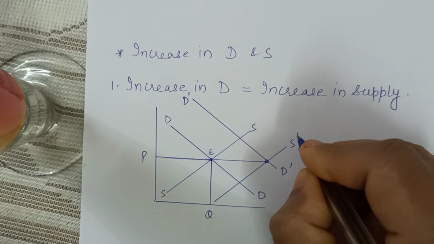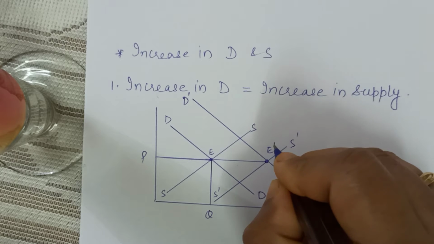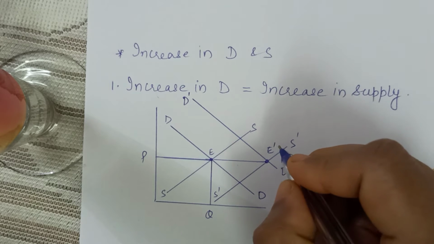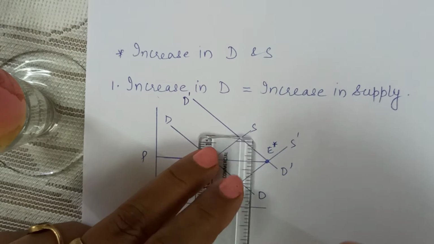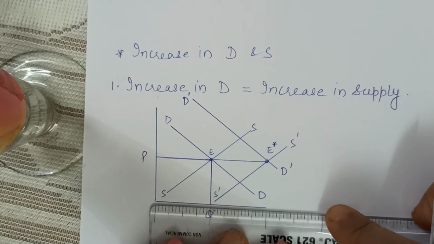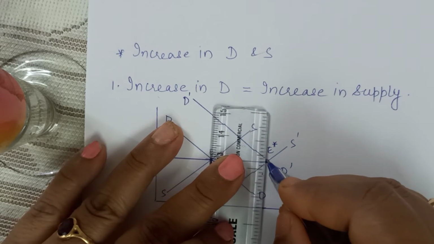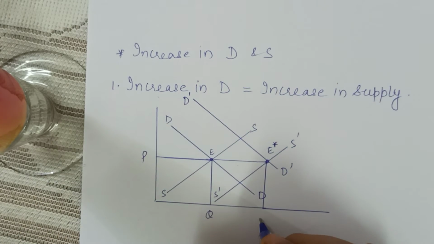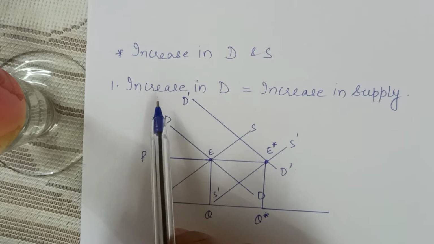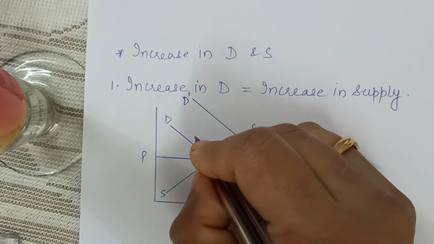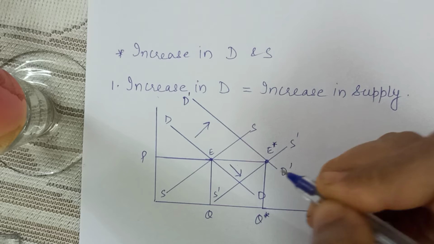We'll get new supply curve S dash S dash, and we will get new equilibrium point E dash or E star, and at that point we are going to have the quantity, that is Q star. So here we have seen that the increase is taking place in both the demand and supply.